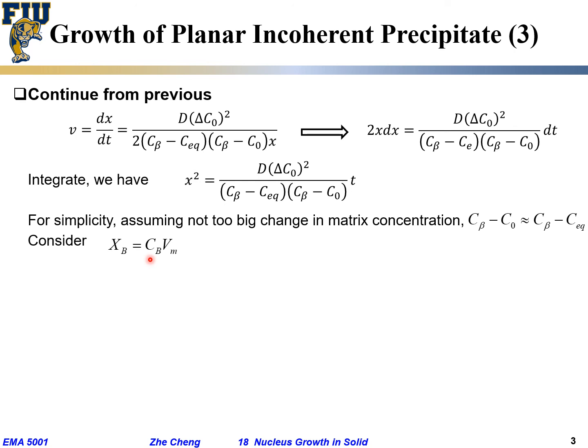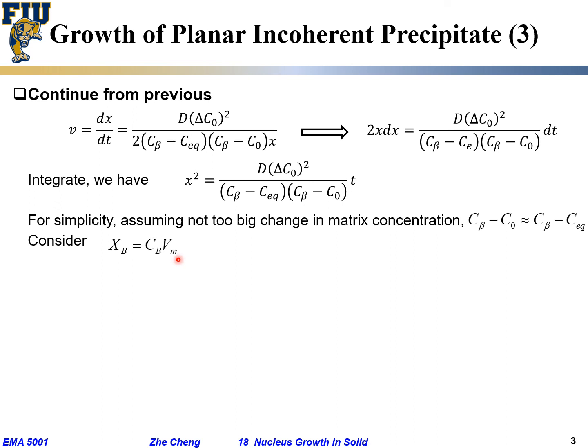On the left side we have unitless, and on the right side we have molar times meter cube per molar, which is also unitless. So you understand this relation that relates the molar fraction of B atom, which is the number of B atoms divided by the total number of atoms. On the right side is the number of B atoms per volume, and the molar volume is the total volume divided by the total number of atoms, A plus B. So of course these are the same.